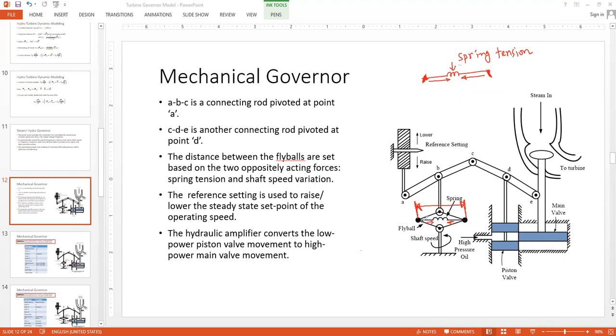However, there is a certain shaft speed. Let's say the positions of the two ends of the spring are S1 and S2. Now, why are these two balls not coming closer together?